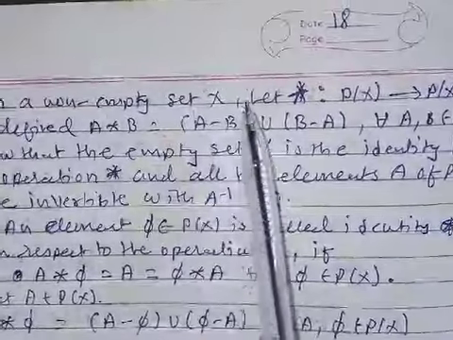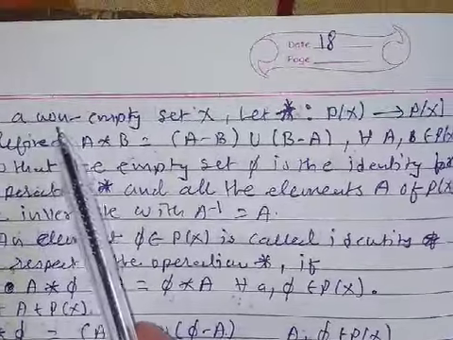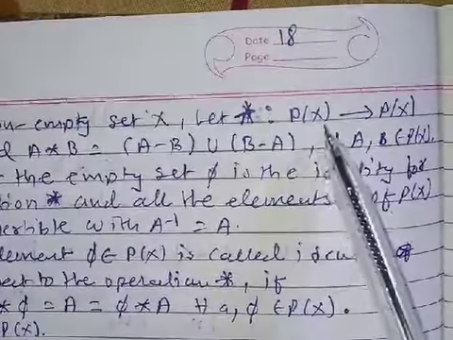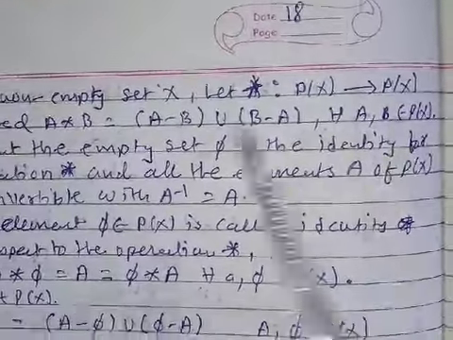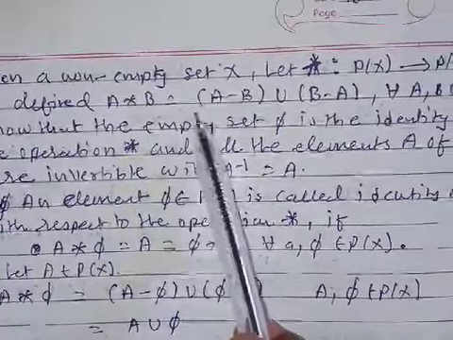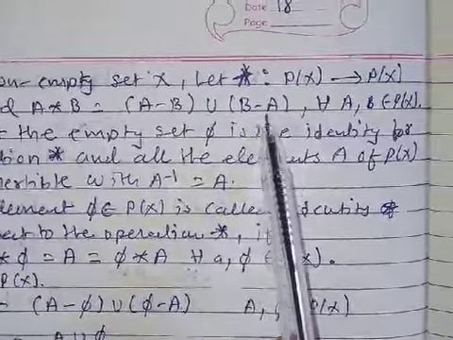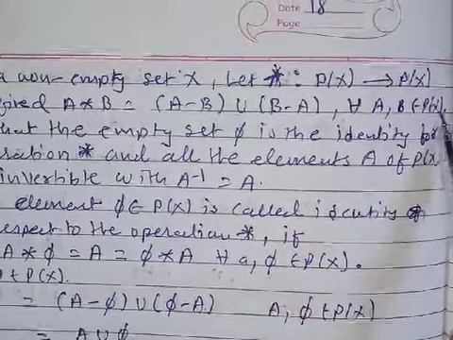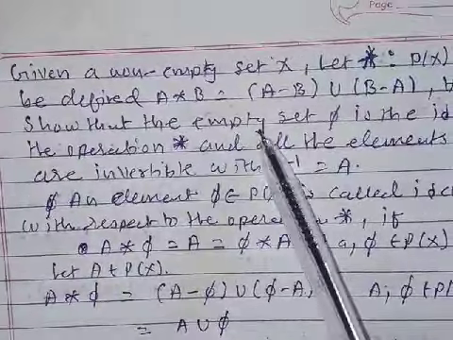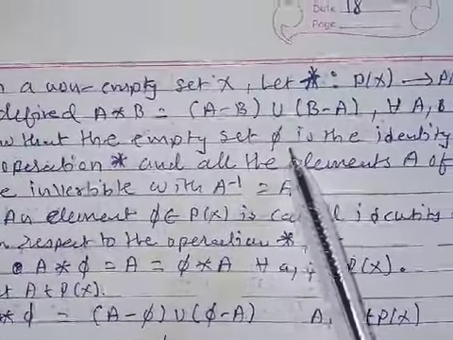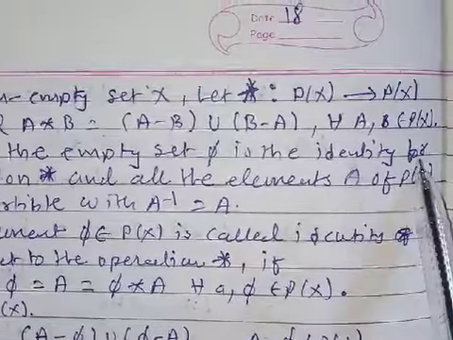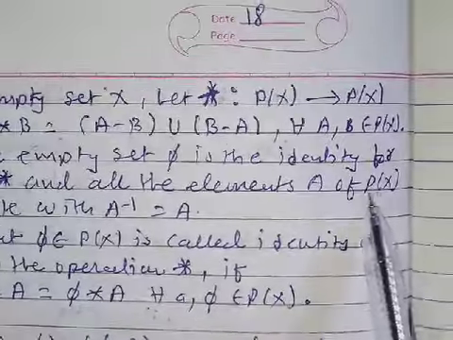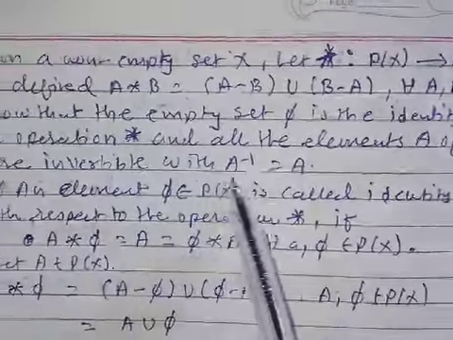Given a non-empty set X, let star be defined as P(X) × P(X) to P(X) by A star B is equal to (A minus B) union (B minus A) for every A, B belonging to P(X). Show that the empty set phi is the identity for the operation star, and all the elements of P(X) are invertible with A inverse.